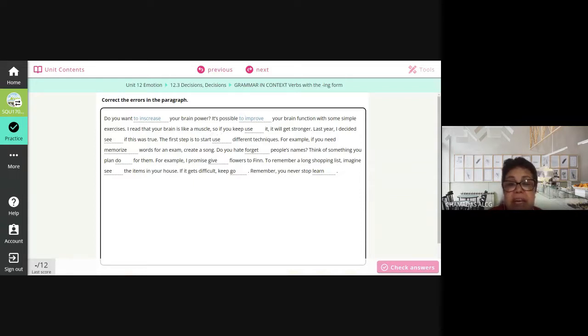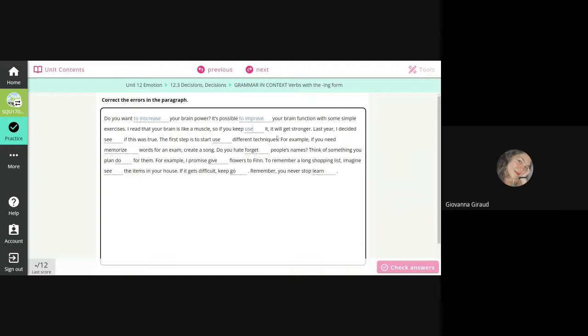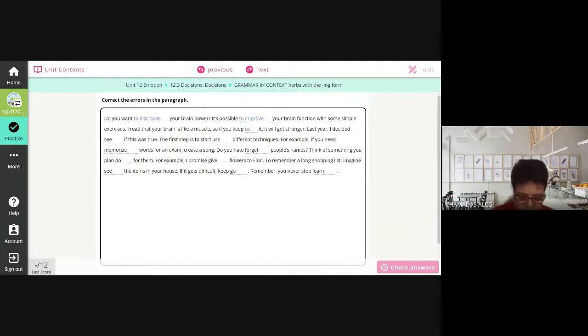So, next: if you keep using it, it will get stronger. Last year, I decided to see. Great. If this was true, the first step is to start using different techniques.